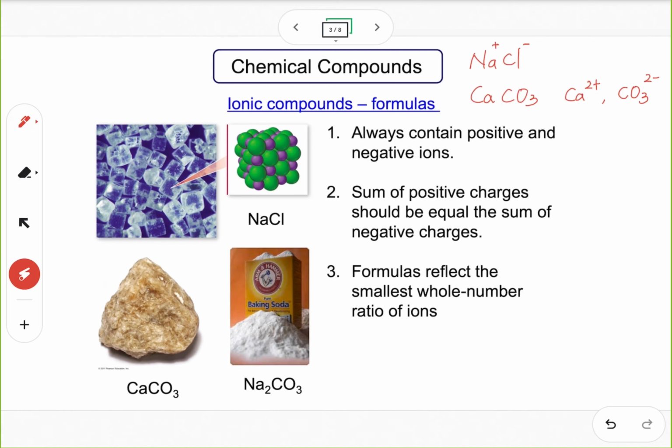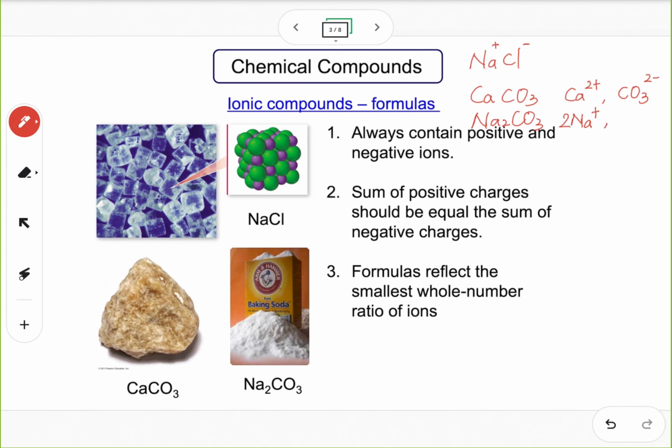One more example, sodium carbonate. As you notice from the formula, it has 2 sodium ions in this molecule, and each sodium is 1 plus, but now you have 2.